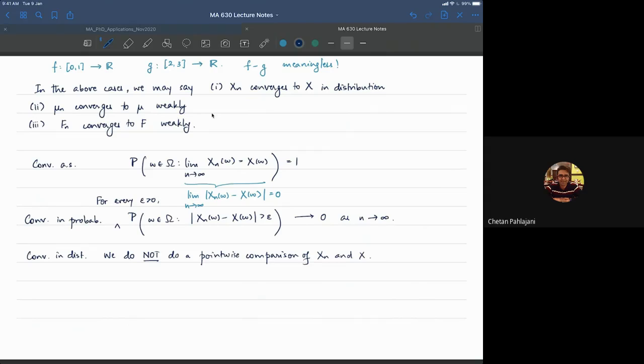Moreover, if xn and x are defined on different probability spaces, not only are we not doing a pointwise comparison, we cannot do a pointwise comparison.